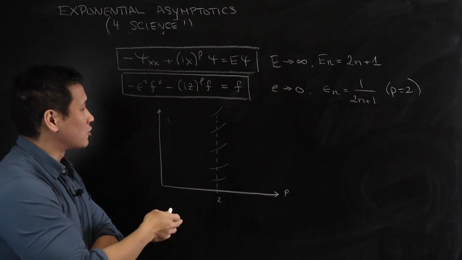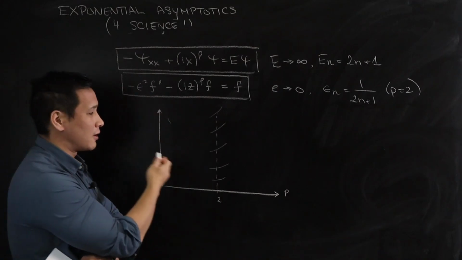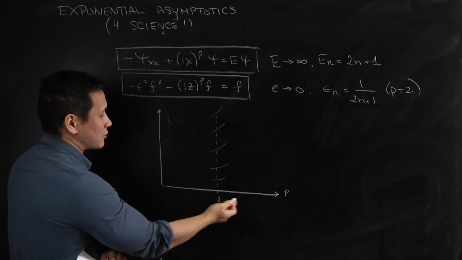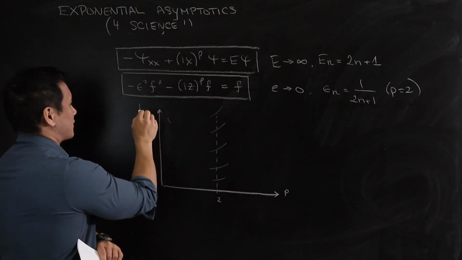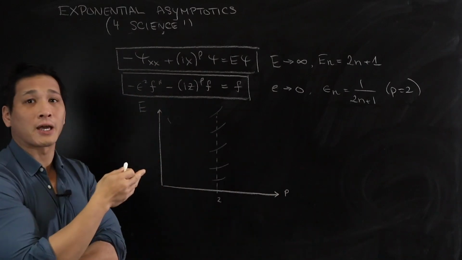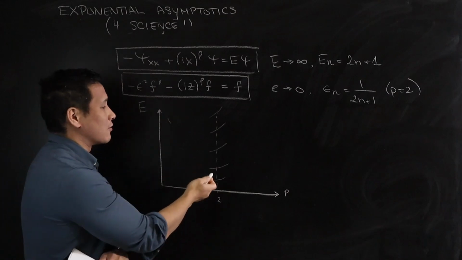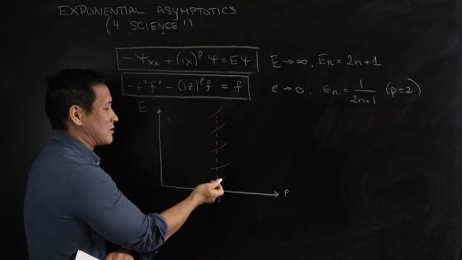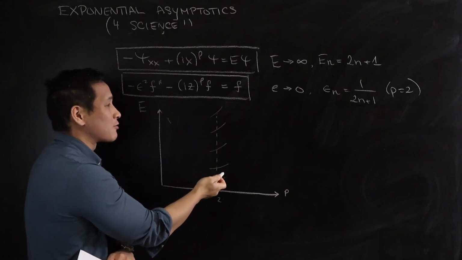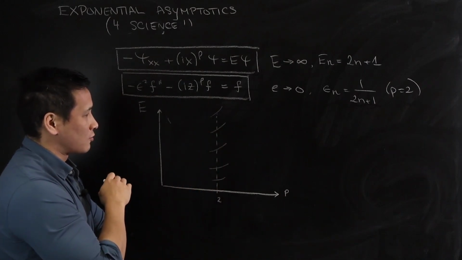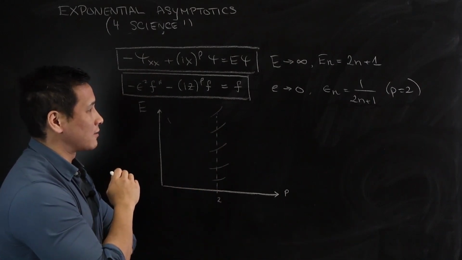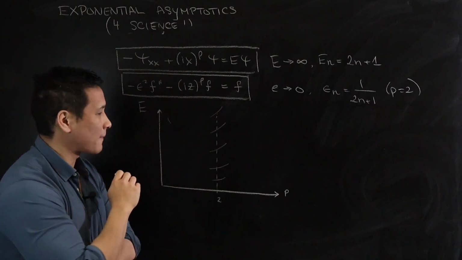And you can envision the solutions of this problem on this graph here, where on the horizontal axis you have the bifurcation parameter p, and on the vertical axis you have the different energies in the problem. And so the quantum harmonic oscillator gives you these discrete energies, right, going up towards the high energy limit.